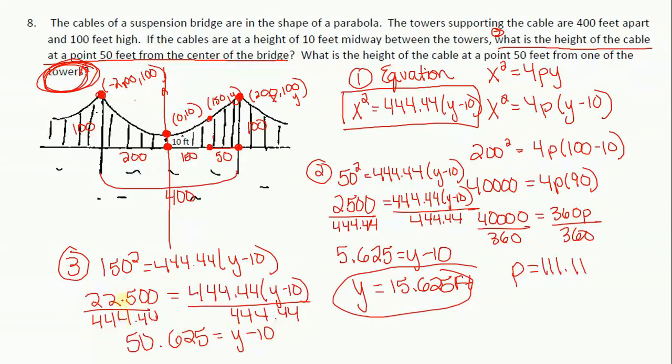It's me doing the division there. So that tells me y is 60.625 feet. AKA, if I'm 150 feet from the center of my bridge, my cables will be 60 feet in length, or in height.